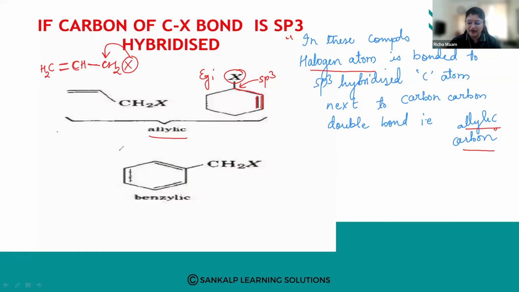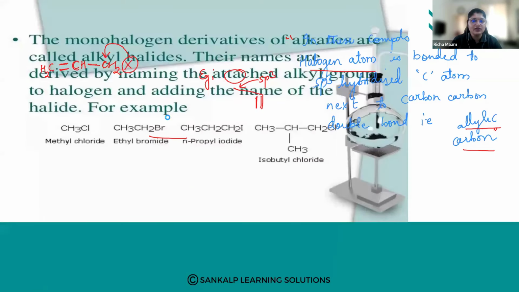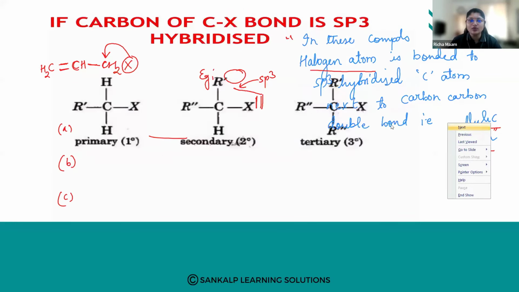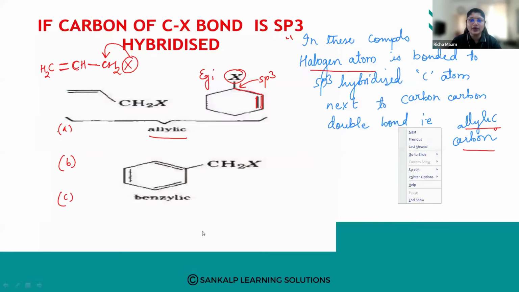Okay, so next classification. The next is benzylic halide. So the third one: A we have seen, then B, and this is C, benzylic halides. So what do you mean by benzylic halides? Here you can see.